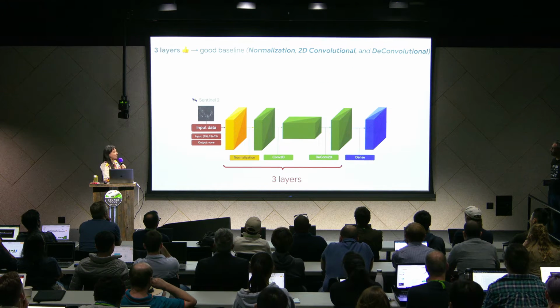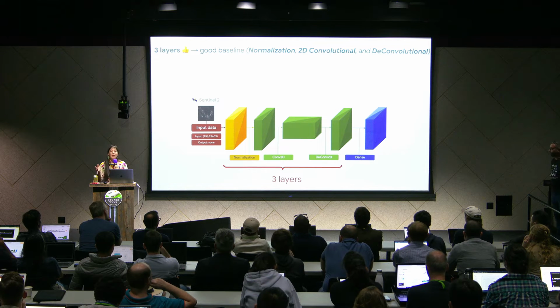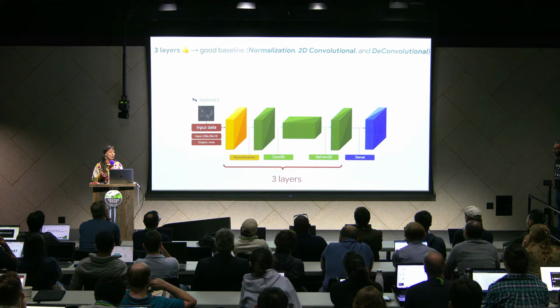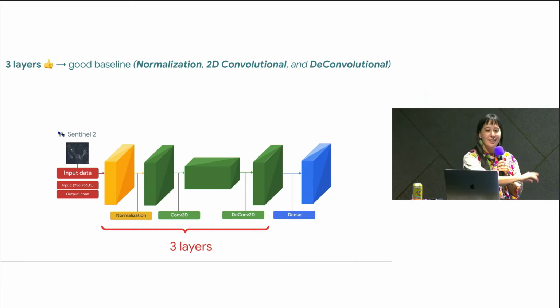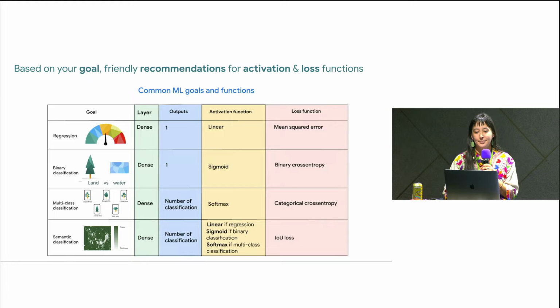In regards to our deforestation use case, a good starting point is to have 3 layers, which includes a layer to normalize your data, a 2D convolutional layer, and a deconvolutional layer. Then you reach your 4th and last layer, and depending again on your goals, at the beginning we choose something called a loss function that helps us score how well the model did during training.